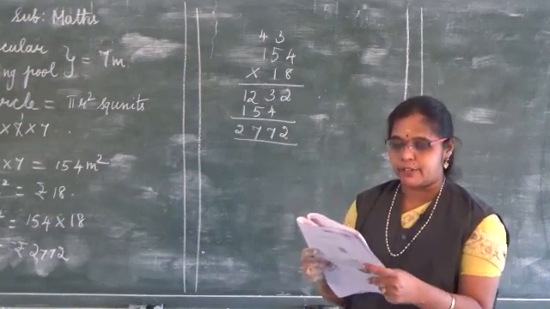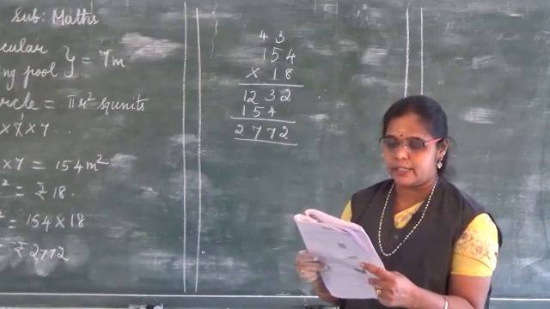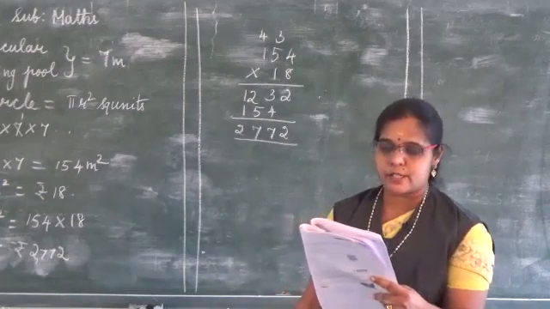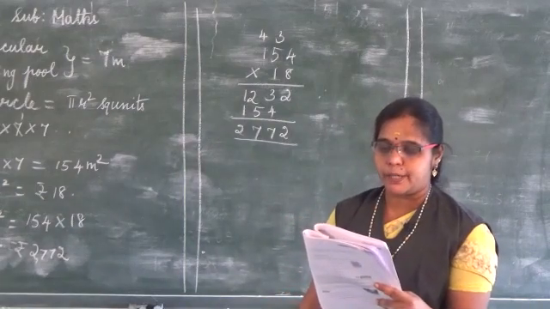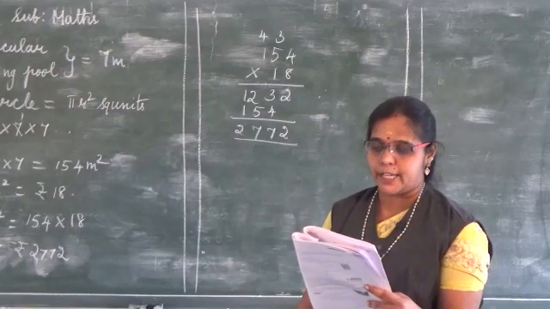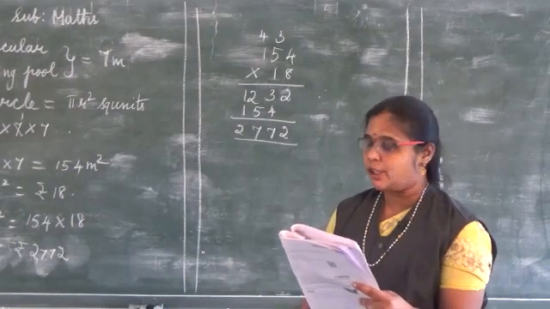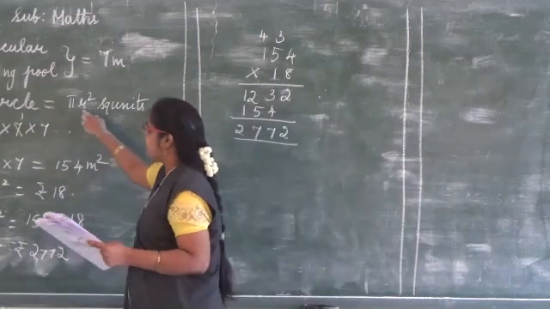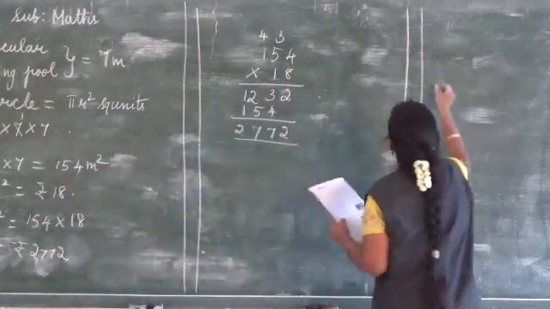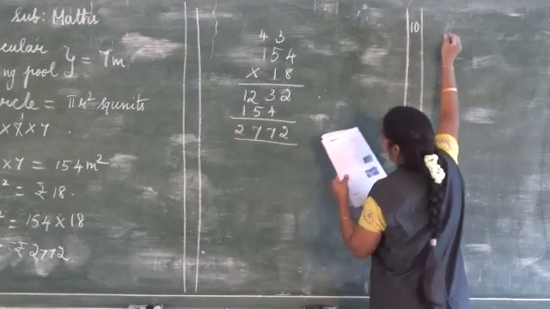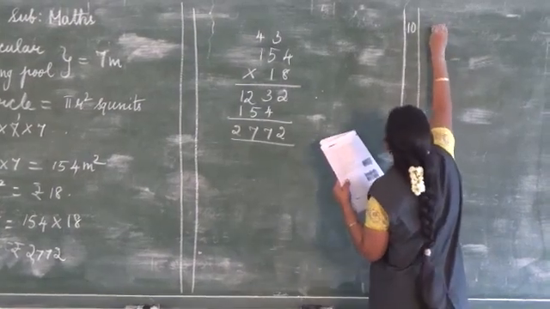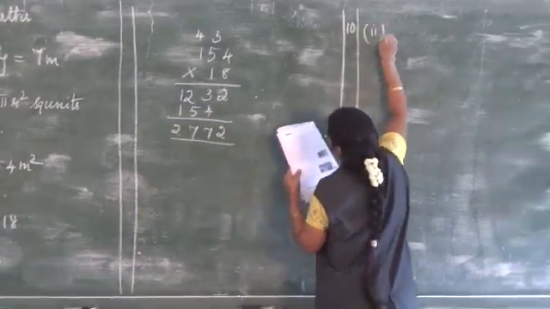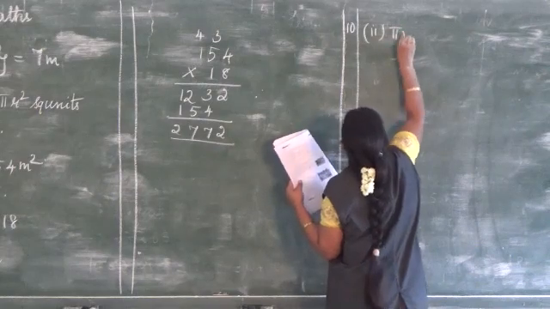Option A is 4 pi r square, option B pi r square, option C 2 pi r square, option D pi r square plus 2r. We know the area of the circle is pi r square. So for the 10th question, option B is the correct answer, pi r square.